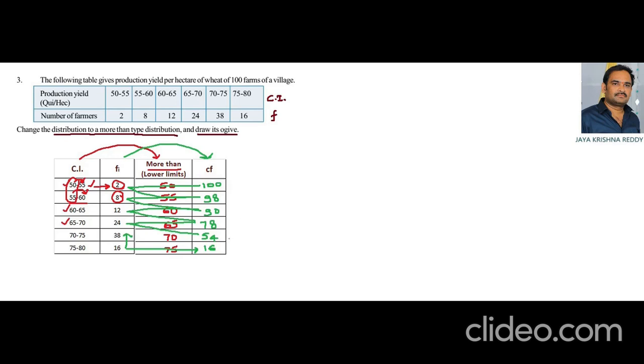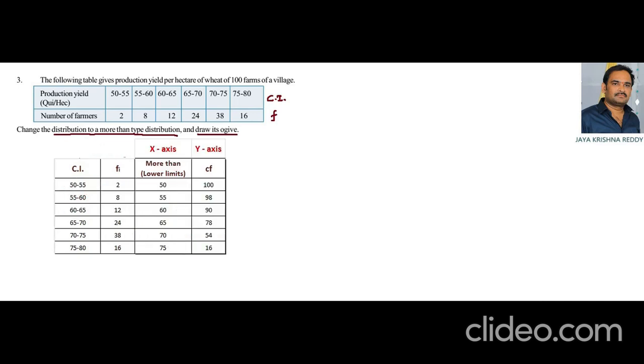Like this we have to write the CF values from down to upward. The first frequency and the last CF should be equal. So from there you have to add the preceding frequencies to get the CF values.